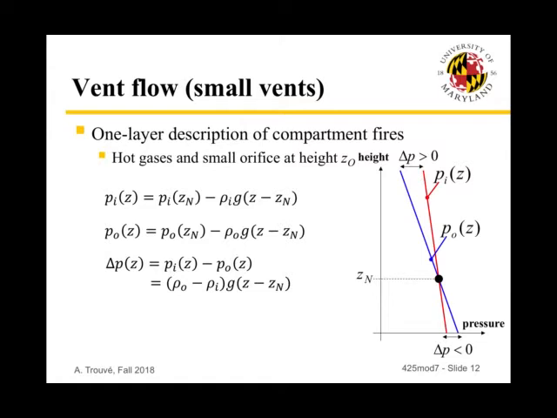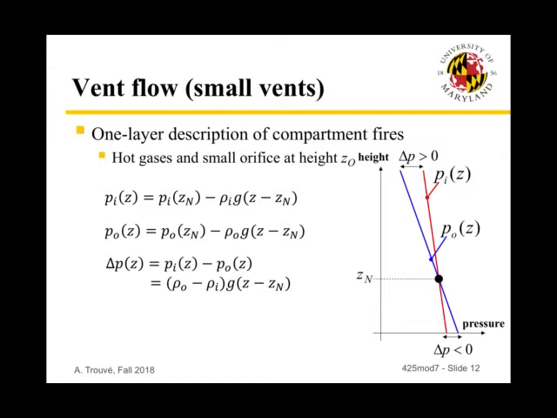So we can write Pi at elevation Z equal to Pi at elevation Zn minus rho g h, or minus rho i g times the distance from Zn to Z. Similarly, we can write that the pressure outside at elevation Z is equal to the pressure outside at elevation Zn minus rho outside times g times Z minus Zn. Okay, so again, this is the hydrostatic pressure variation.